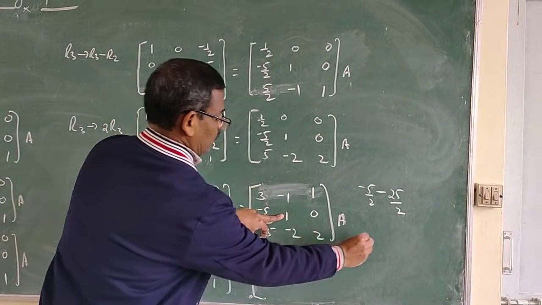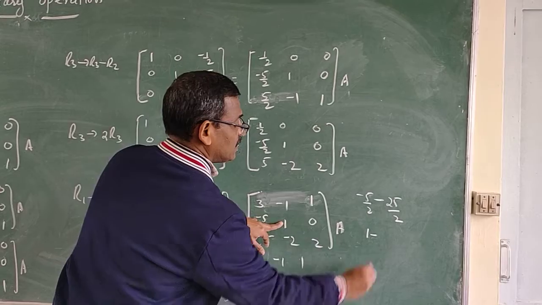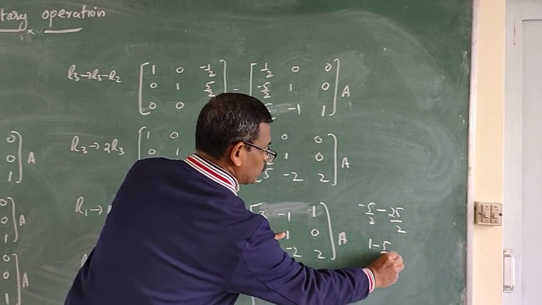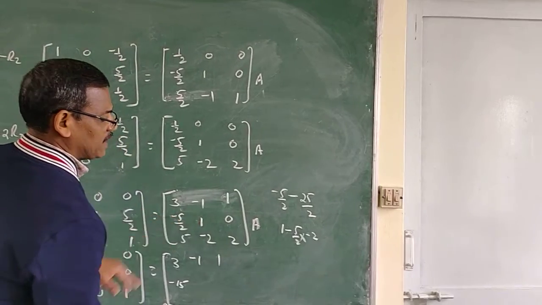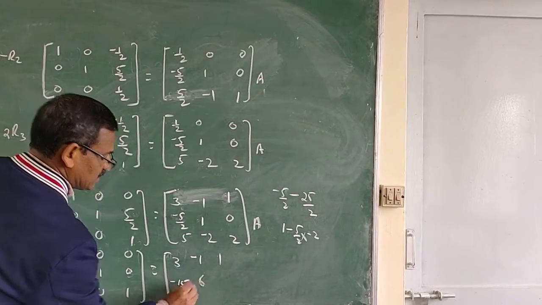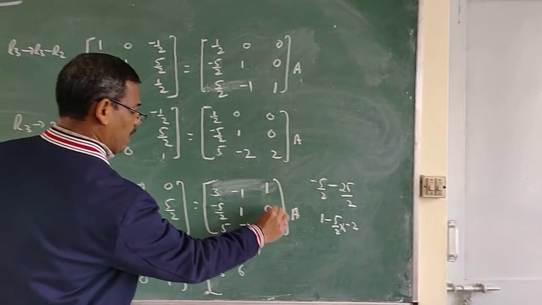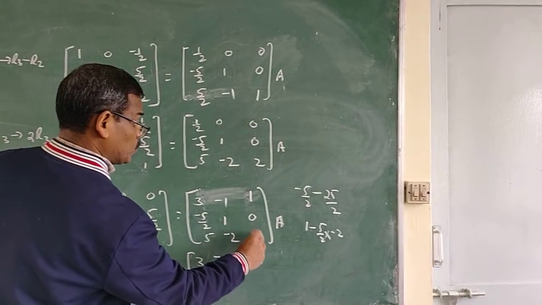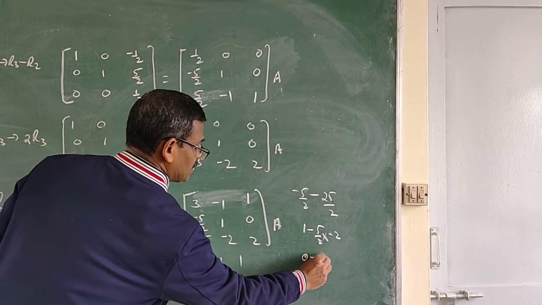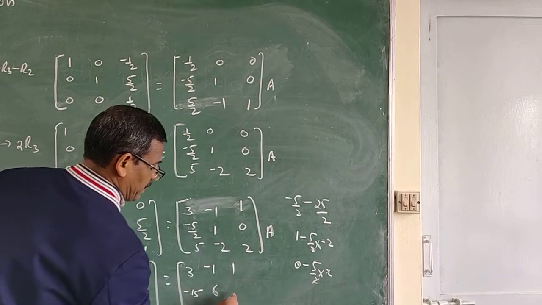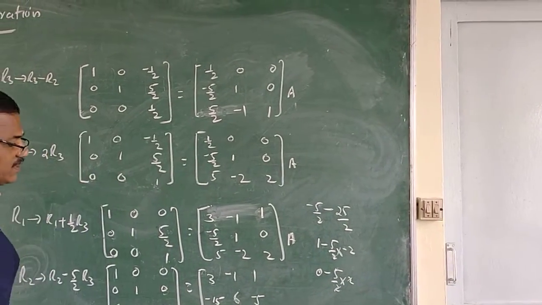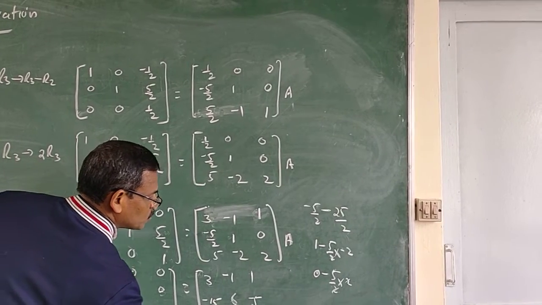Then 1 minus 5 by 2 into minus 2. So it is 2 cancels. So 1 plus 5, it is 6. Then 0 minus 5 by 2 into 2 is minus 5. Then 5 minus 2.